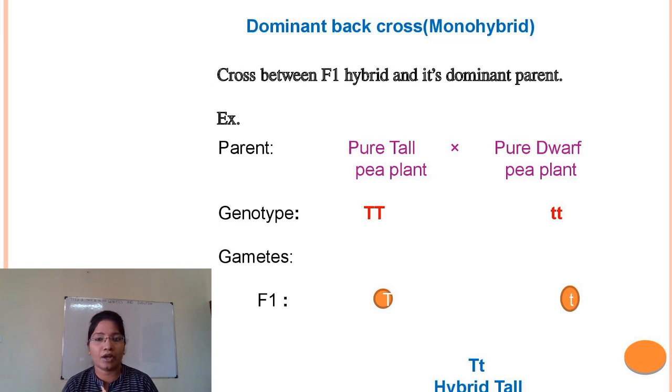This is an example of a monohybrid cross. A dominant back cross is when a cross takes place between F1 hybrid individuals and its dominant parent. We are taking a simple example such as tall and dwarf plants. If a pure tall pea plant crosses with a pure dwarf pea plant, in the F1 generation we get all hybrid tall plants.